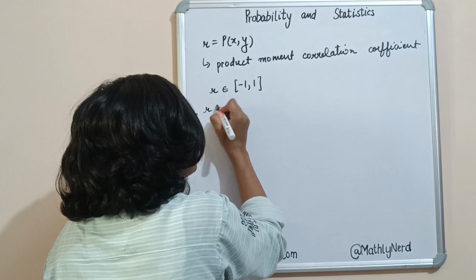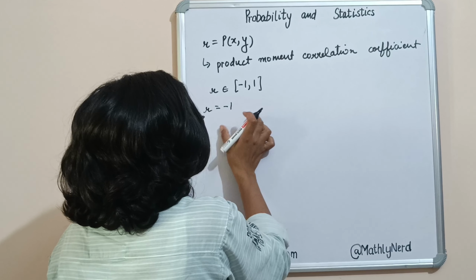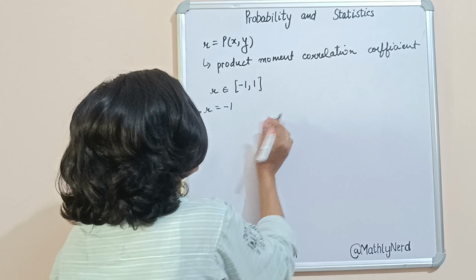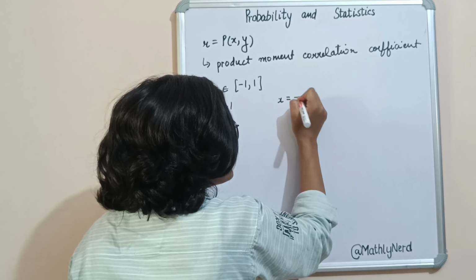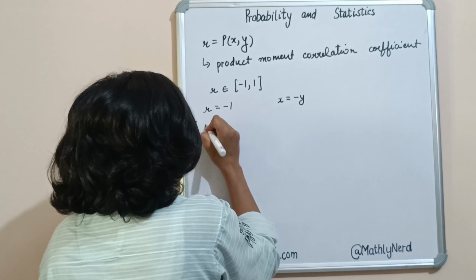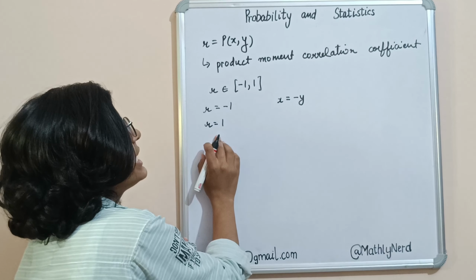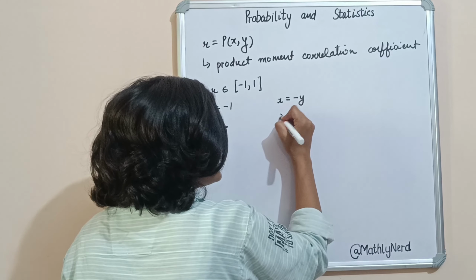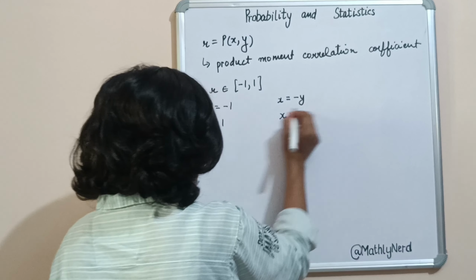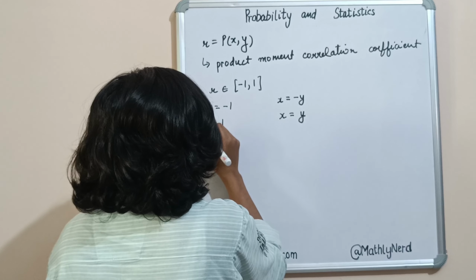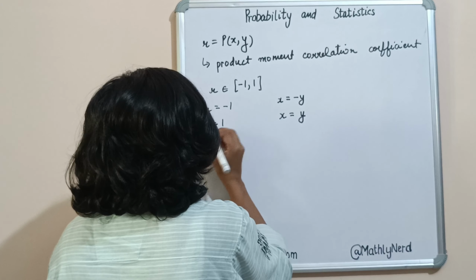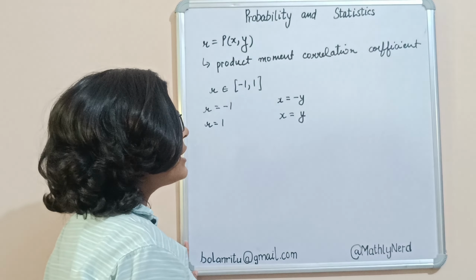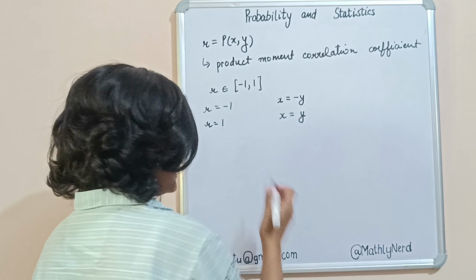If r equals -1, then x and y are perfectly negatively correlated. That means x equals -y. If r equals 1, then x and y are perfectly positively correlated. That means x equals y. And Karl Pearson's coefficient is independent of change in origin and scale.